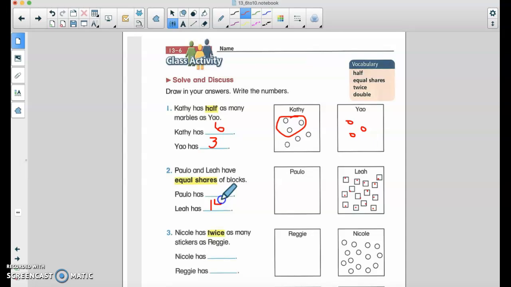Now the reason I put dots in there is so that I don't accidentally miss one. So I made sure that each one dot went into each one. Now the equal shares, how many is Pablo going to have? Well, Pablo's going to have the same exact amount. Now, I'd like you to draw on the squares. It's going to take me too much time to draw in squares, but hopefully you know how many to draw. I'm hoping you're thinking, that's right, 14.